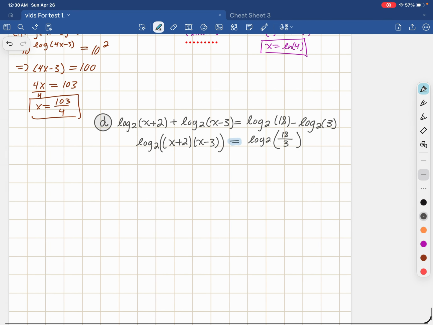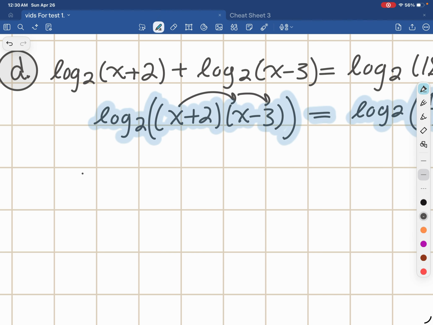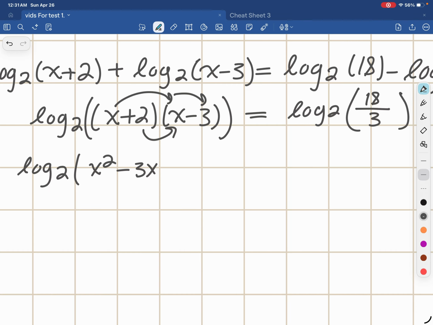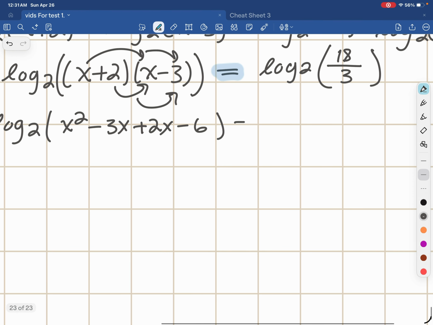Beautiful. So now what we could do is we do have to evaluate this real quick. So this is just distributing. So we'll have log base 2 of x squared minus 3x plus 2x minus 6. We'll combine like terms after we write the other side of the equation. It's log base 2.